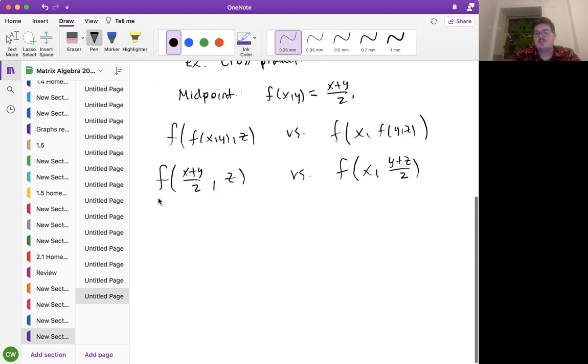So what would the midpoint of this be? You take the first, you add the second, and you divide everything by 2.